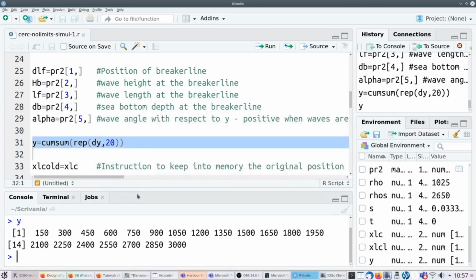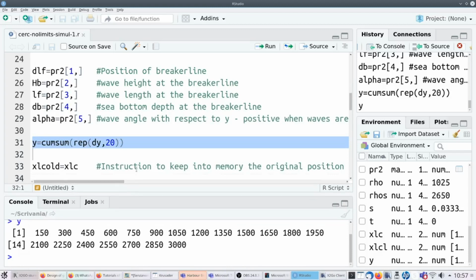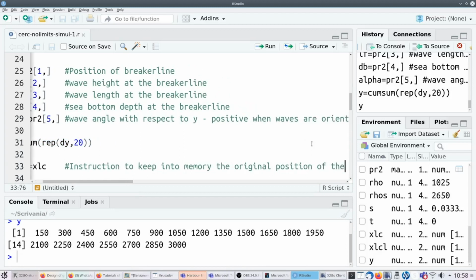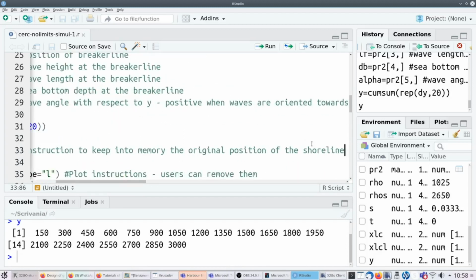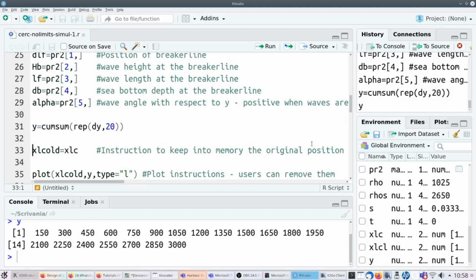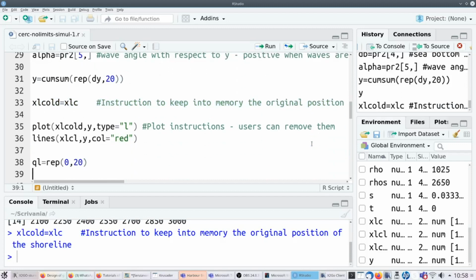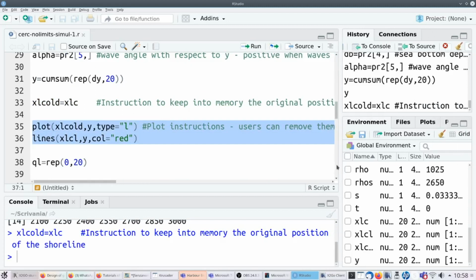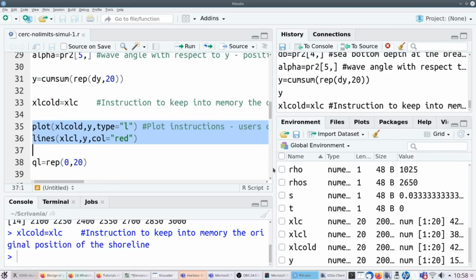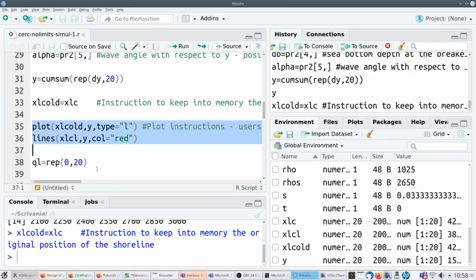Good. Now there is an instruction, read the comment, to keep into memory the original position of the coastline. And we do this because XLC will be iteratively modified during our simulation. So let's keep into memory the initial value of XLC. Good. Now here there is a plot, and before making the plot, let's expand the plot window, otherwise we get an error.